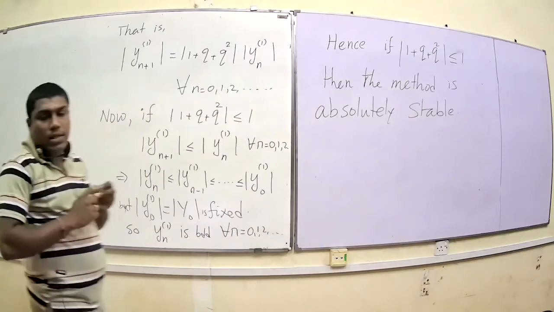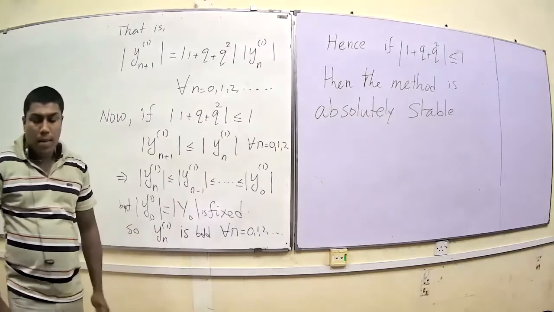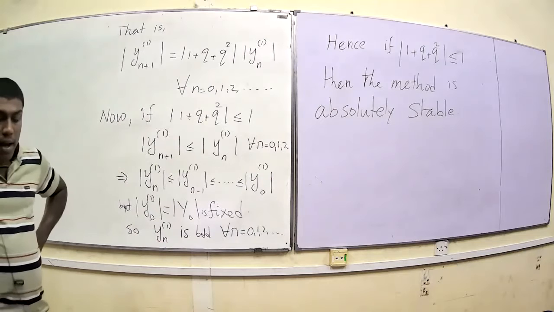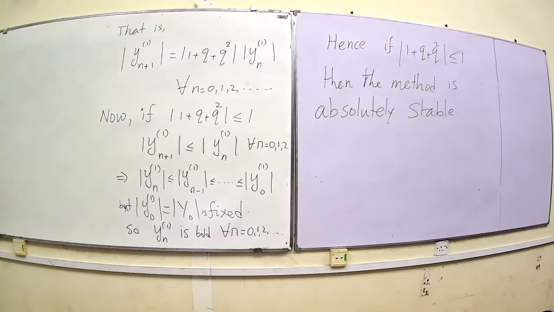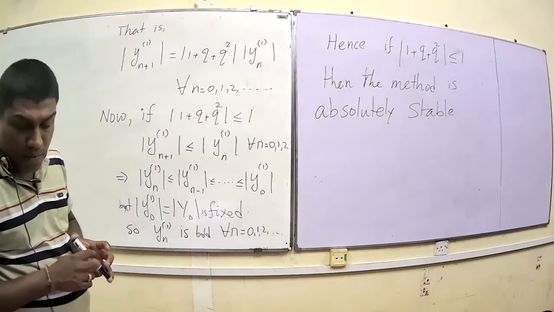So you can summarize this as: if this condition is true, then the method is absolutely stable. Now you can simplify this condition, which is another problem, where you simplify the condition and look for the stability region.